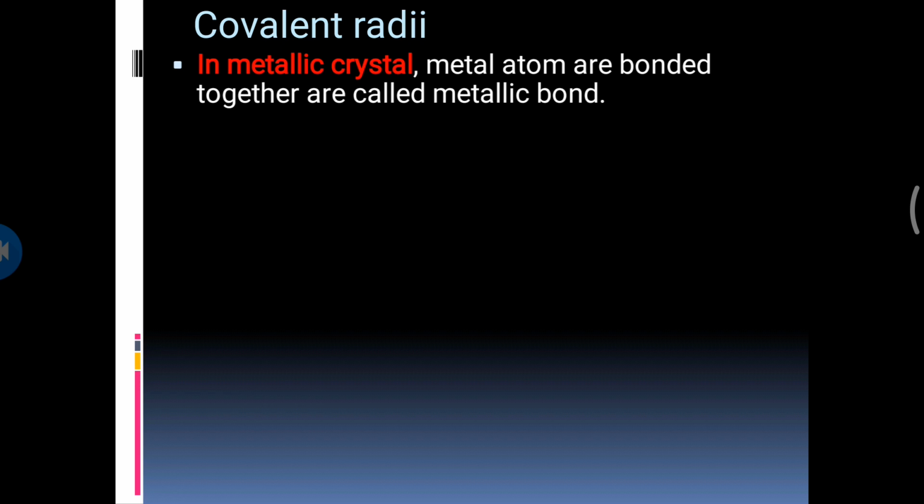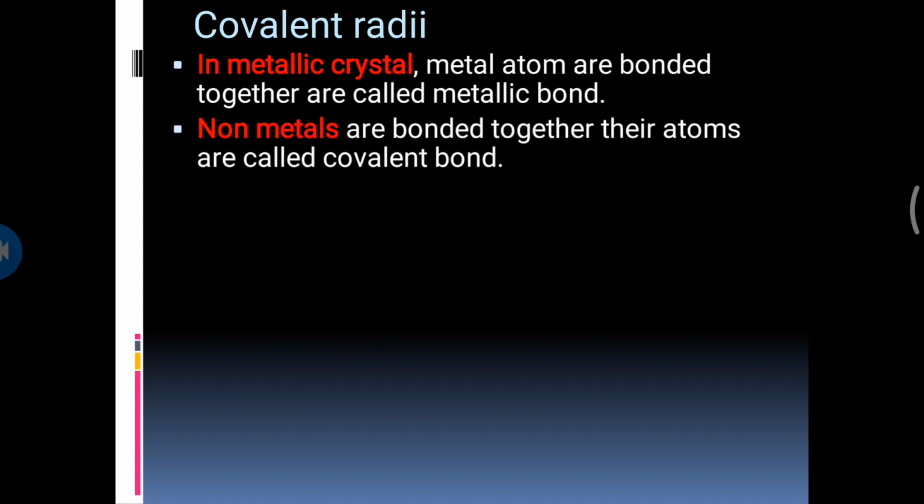Similarly, in non-metals, atoms are bonded together, for example carbon connected with carbon, or carbon connected with silicon. Non-metals bonded together form a covalent bond. Carbon carbon is a covalent bond.